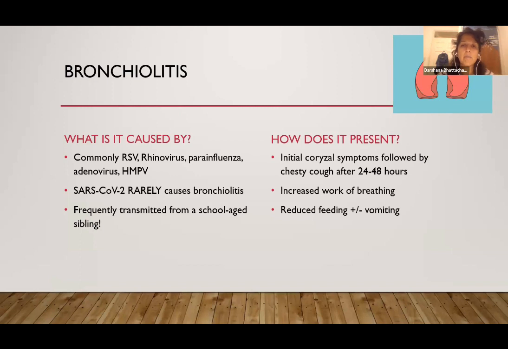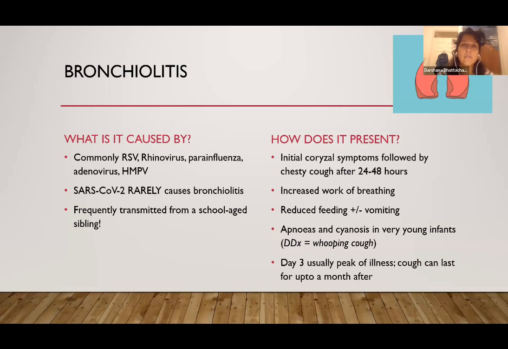And some children may have reduced feeding with or without vomiting as well. In very young infants, less than a month, they might have apneas and a pierced cry, which is obviously a red flag sign. And in unimmunized babies, you need to consider whooping cough as a differential.